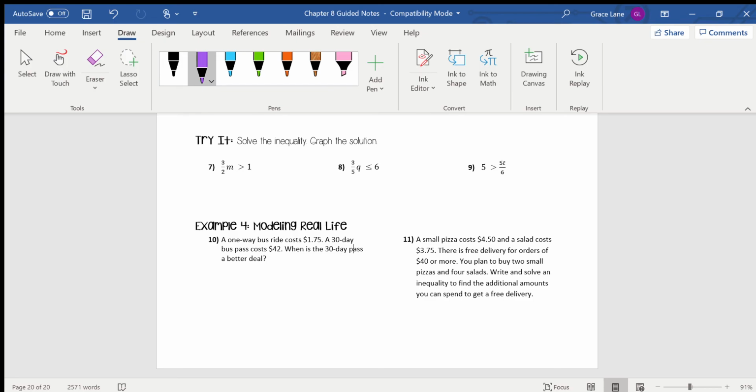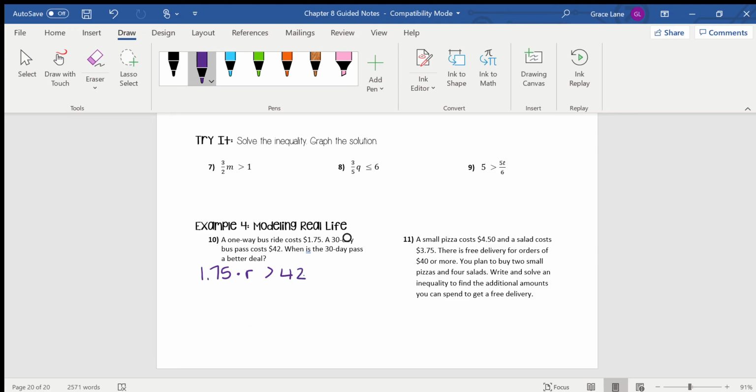And so they're saying that for every time you ride, so let's do R for ride. Every time you ride, you're going to multiply by $1.75. So 1.75 times R. And you want to see when that's going to be a better deal, so greater than the $42.